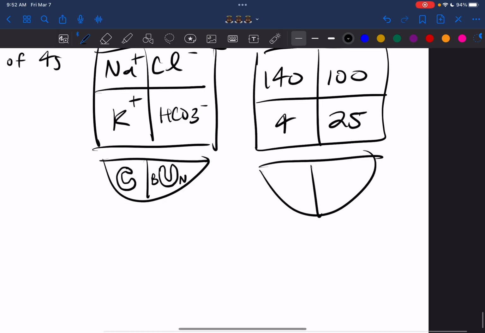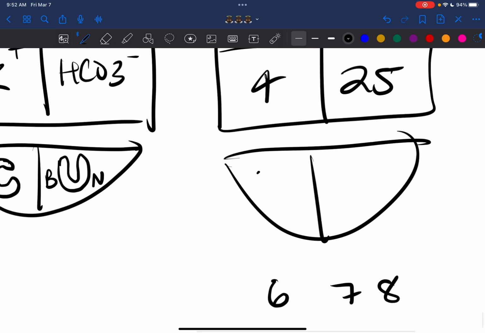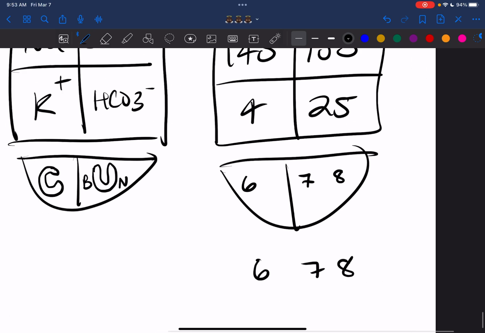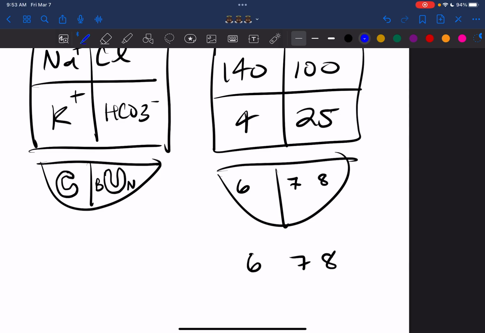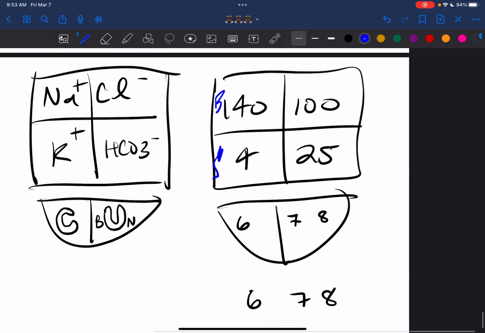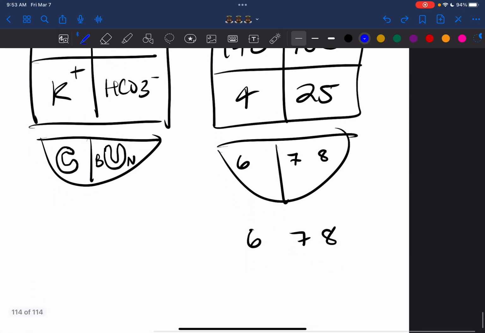So this is my rule. The rule I have for this is 6, 7, 8. What do I mean by that? I mean, first you write a 6, then you write 7 and 8. Now, it's a similar relationship where just like it was big versus small, the first one is going to be smaller, and this one's going to be bigger. Obviously, 7 and 8 are bigger than 6, right?